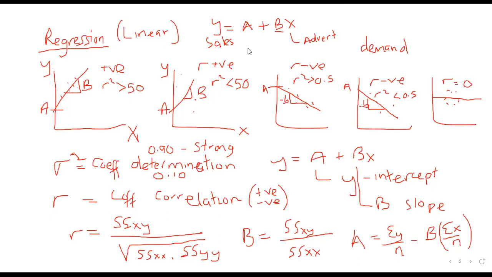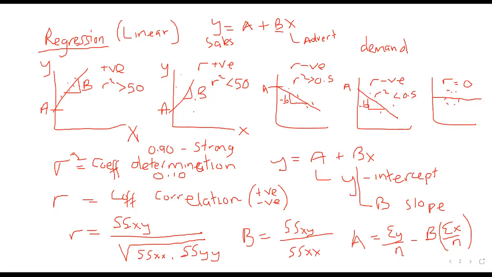So the formulas are as follows. Our R is the sum of squares xy over the square root of sum of squares xx times sum of squares yy. We could have our slope as sum of squares xy over sum of squares xx. And our intercept is summation of y over n minus the slope times summation of x over n.